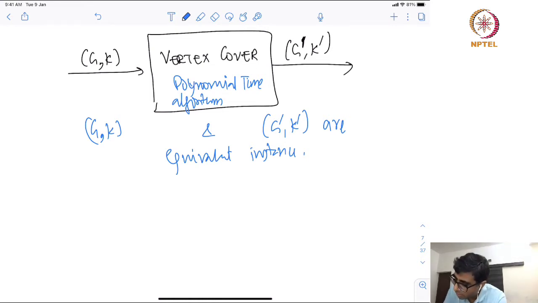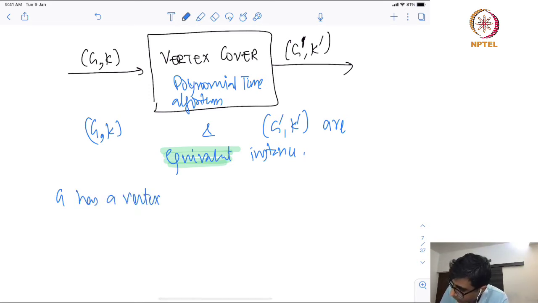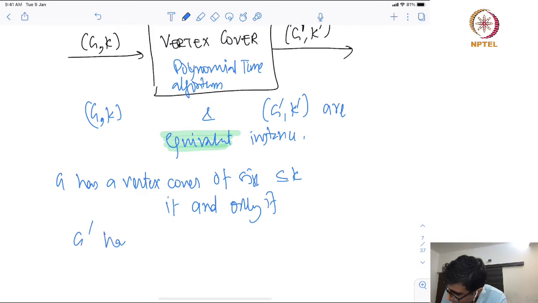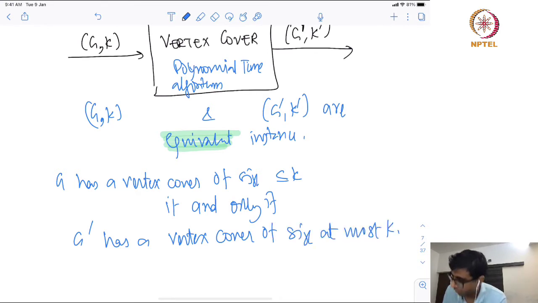So, in other words, equivalence can be mathematically defined as follows: G has a vertex cover of size at most k if and only if G prime has a vertex cover of size at most k prime.